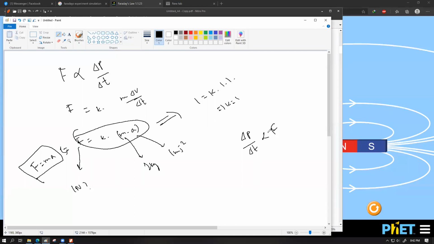The k was supposed to be here. So yeah, we actually learned that rate of change of momentum is equals to force, because by choosing this, we make this constant k to become 1. Because the constant could become 1, that proportionality could be written as equals to. That's the mathematical trick that we did.